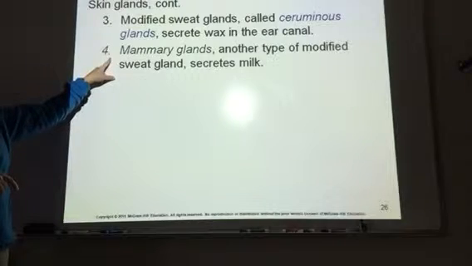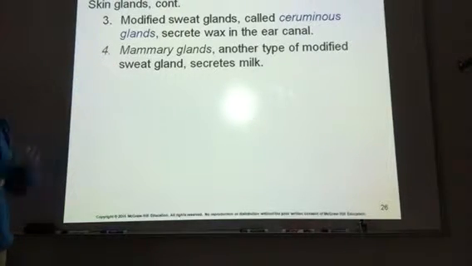And then mammary glands are also a modified sweat gland, and they secrete milk. So those two are special. They're modified. They're not actually producing sweat that you think of. They are producing something more specific. So earwax and milk.